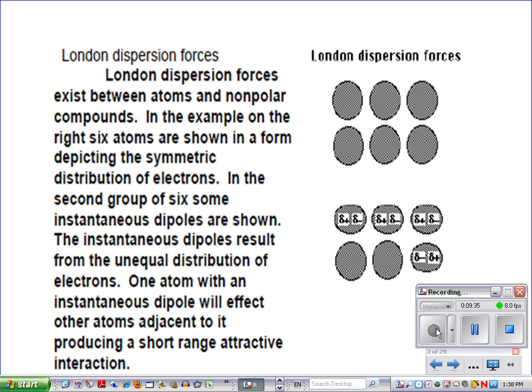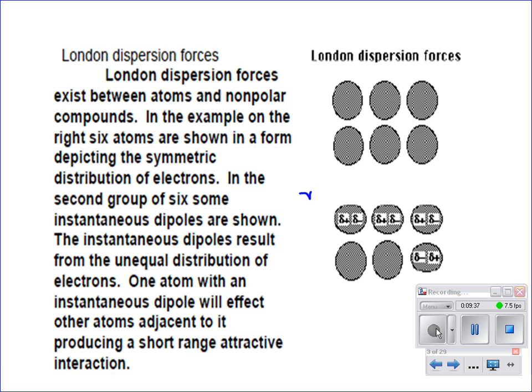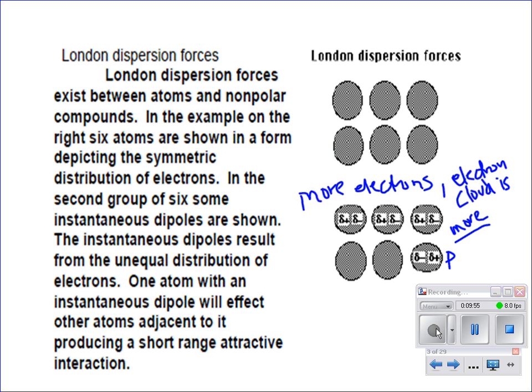So this is an important point. More electrons. Here's the word you need to know. The electron cloud is more, you ready for the magic word? The AP magic word, polarizable.